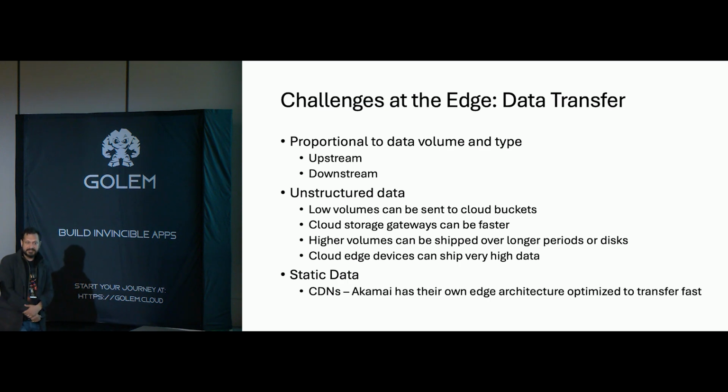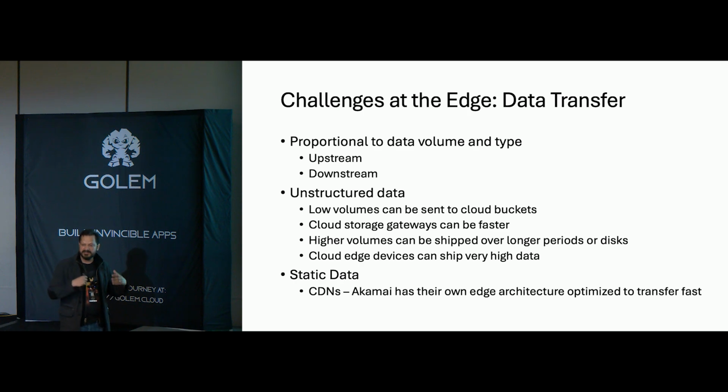So let's talk about some of these challenges. The first challenge we can talk about is the data transfer. Now, the proportion to data volume and type, right? So these challenges are basically dependent on how much data you have and what kind of data you have. There are two types of data, upstream and downstream. Upstream data is the one that sensors and all these devices are generating at the edge. Now, a lot of this data can be just useless.